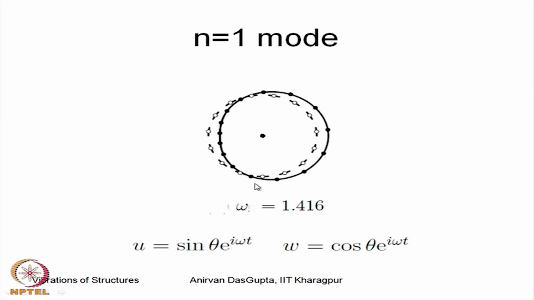And this black one shows the mode corresponding to the imaginary part, as you can see here. So, let us understand this motion before we look at this picture again.